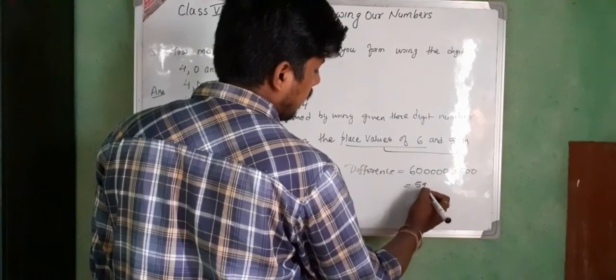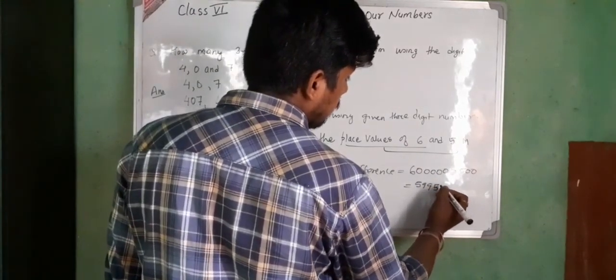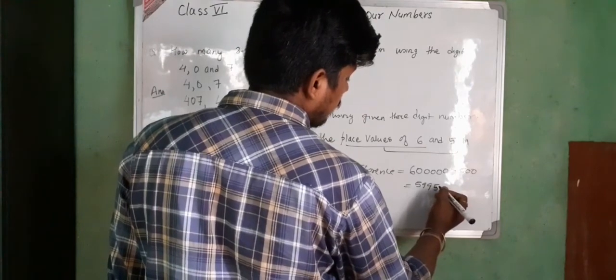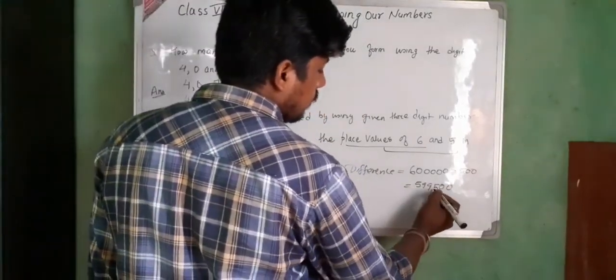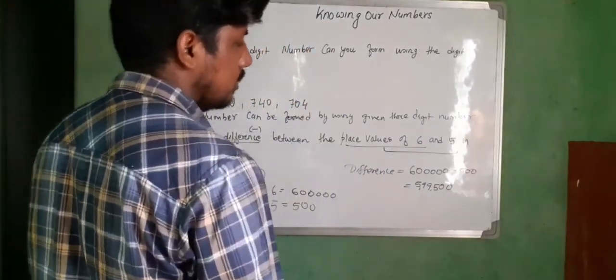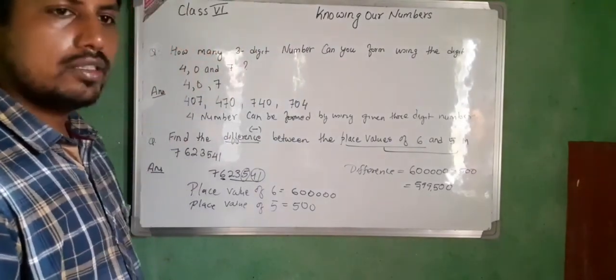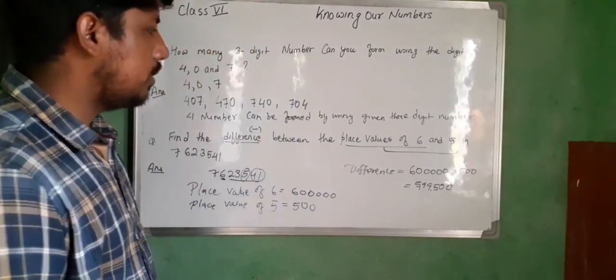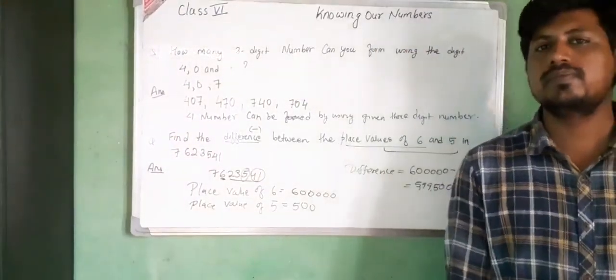So 5 lakh 99,500. So this is how we can find the difference between the place values of 6 and 5 in a given number.